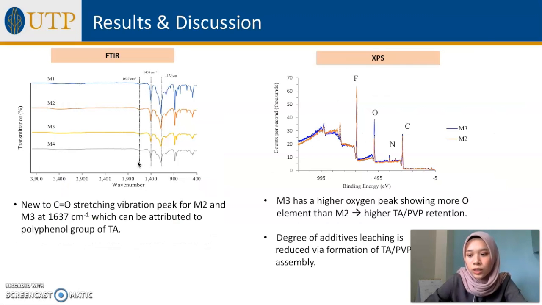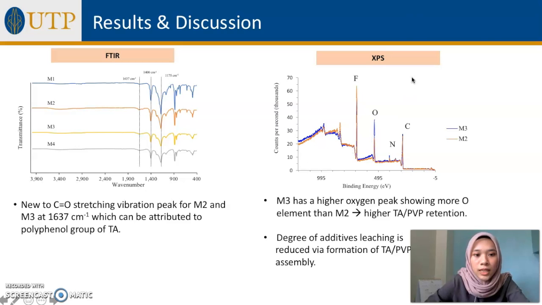Next, moving on to the FTIR analysis, we can see that new peaks are formed at 1637 for the modified membrane, which is attributed to the C=O stretching vibration, derived from the complexation of TA and PVP.